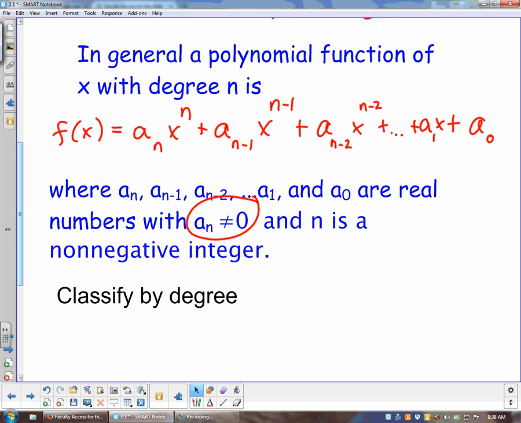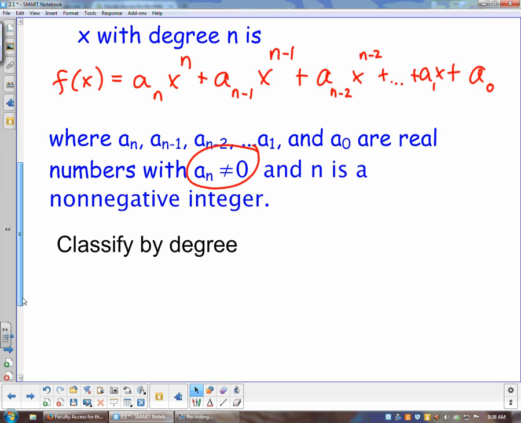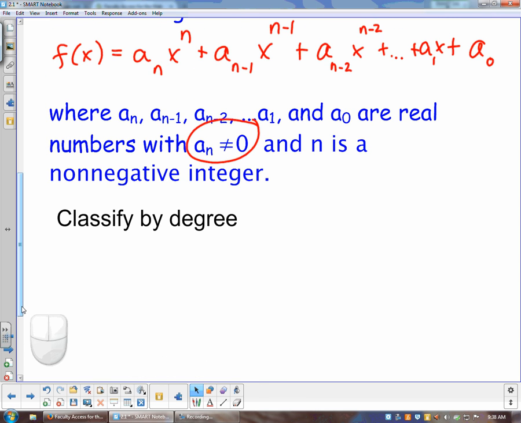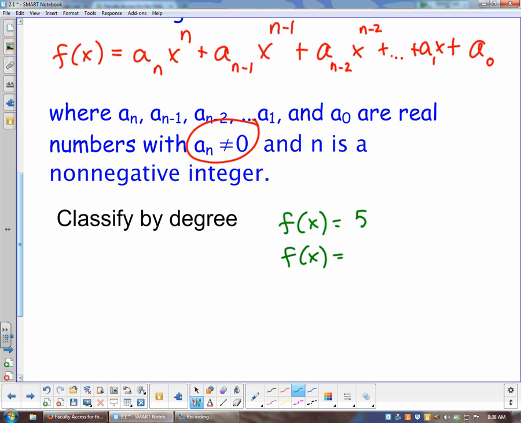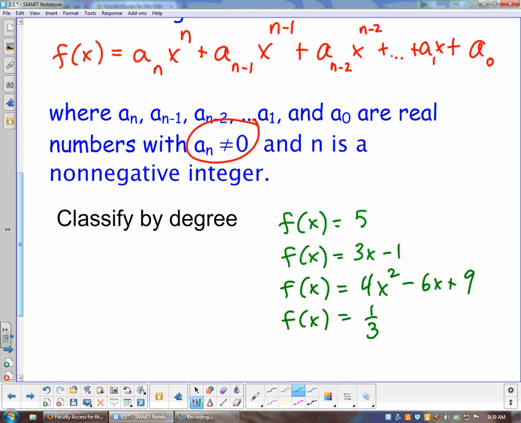Let's talk about how to classify polynomials by degree. Let's take a look at a few different polynomials. If we had f of x equaling 5, and f of x equaling 3x minus 1, and f of x equaling 4x squared minus 6x plus 9, these all have different degrees.